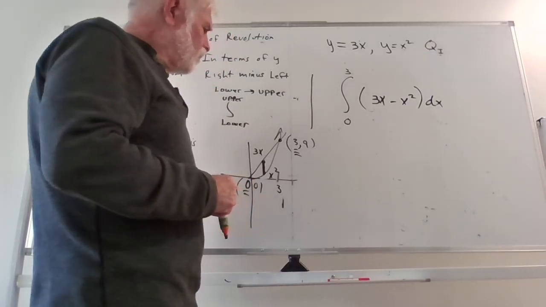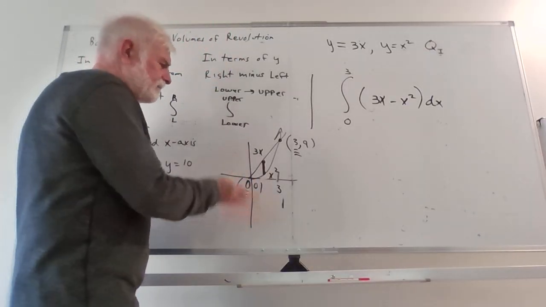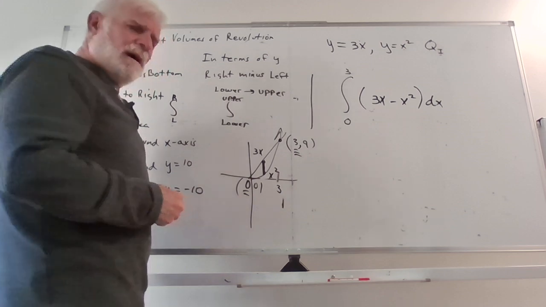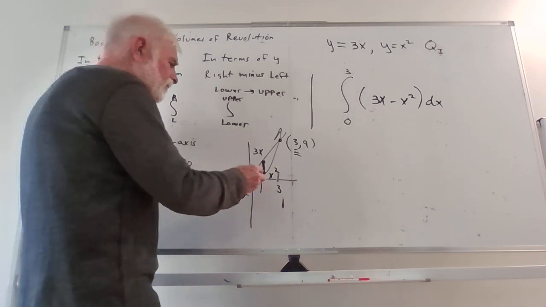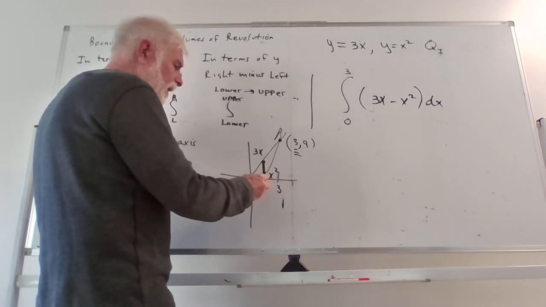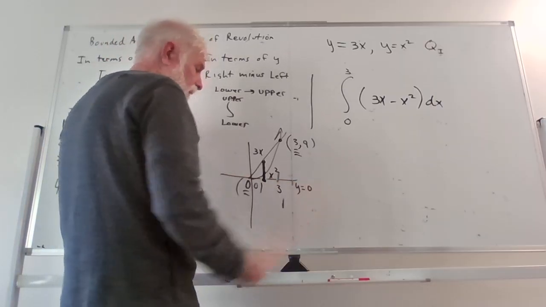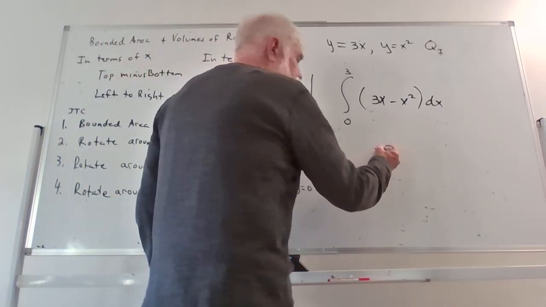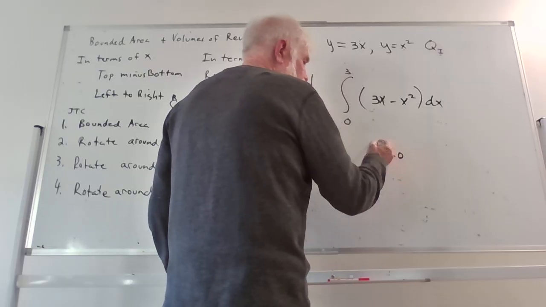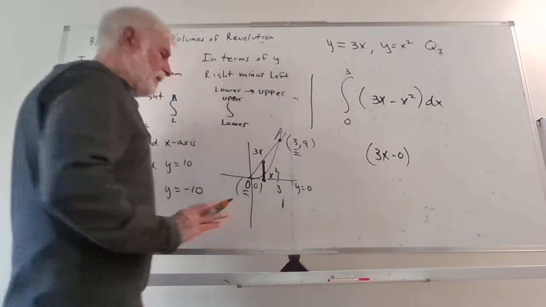Now, what if I wanted to rotate this around the x-axis? Well, that means I've got a big R. And in this case, it's still top minus bottom. Now, what's the bottom? The axis, which is y equals 0. So I really have 3x minus 0. You wouldn't have to write the 0, but I am right now.